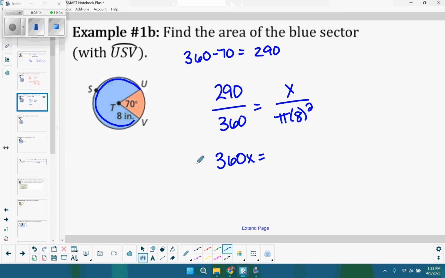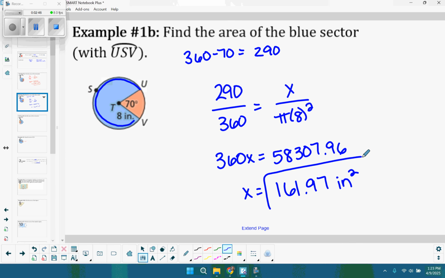Cross multiplying, we have 360x equals 58,307.96, just to write it out, and I will divide by 360, and I got 161.966. So I'm going to go to the hundredth just to make it easier, 161.97 inches squared. If you wanted to go to the tenth, that would have been 162.0.